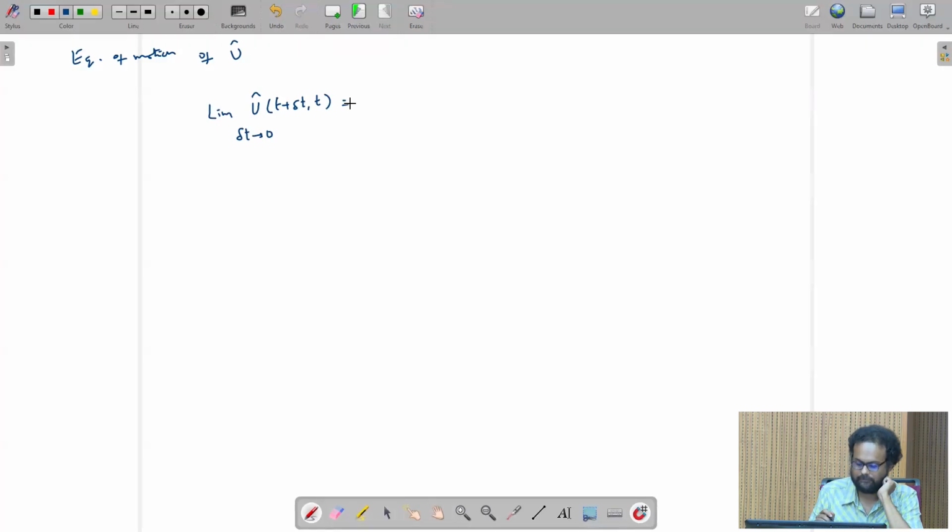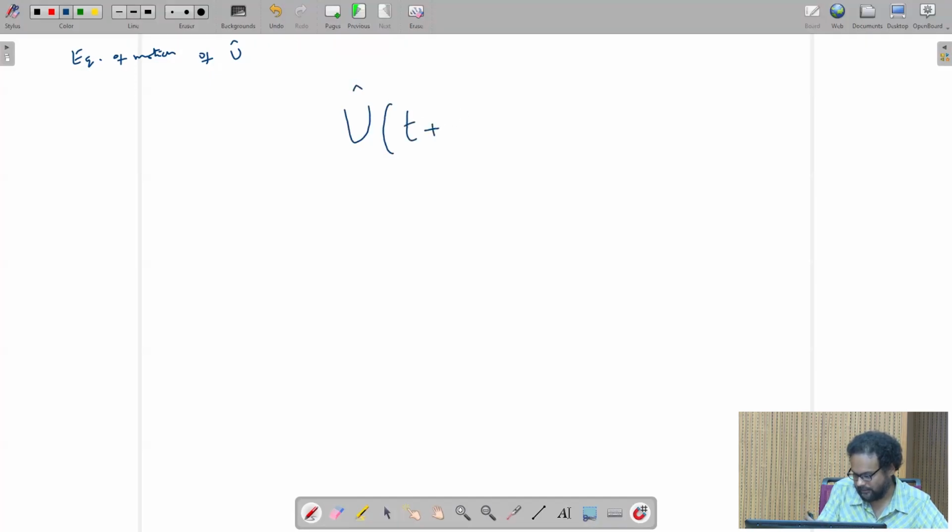I'm sorry, I made a mistake, in the sense that things are small. Let me expand this out even more. So I'm saying, if I take my time evolution operator which links my wave function at time t plus delta t with the wave function at t, under the limit delta t tends to 0, what should this be?